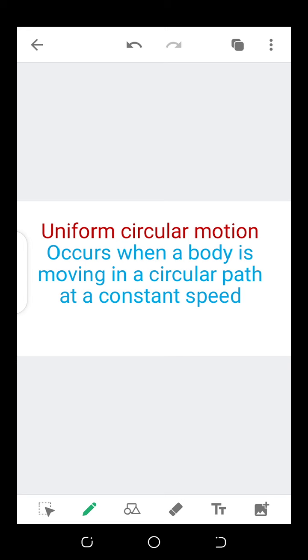Uniform here, because there are those who keep on changing motion or the speed. Here we conclude that when a body is moving in a circular path at a constant speed, then that is uniform circular motion. Take note of at a constant speed, because this is more important in our topic.